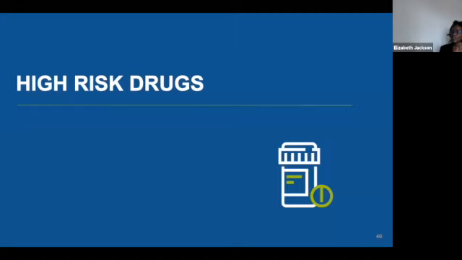We will be discussing high-risk drugs because polypharmacy is often seen, and a lot of patients that have polypharmacy, there's a good number of them that are on high-risk drugs. We can move on to the next slide.